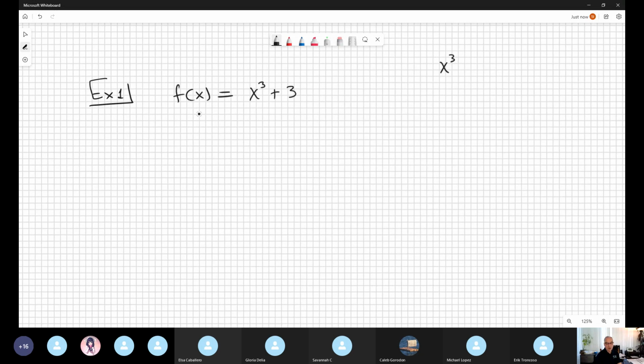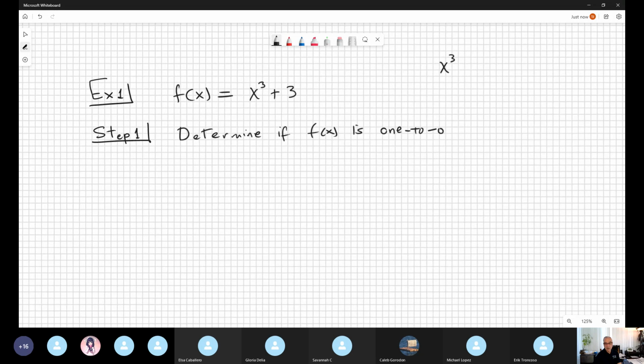The first thing you should do, step 1, is determine if f of x is one-to-one or not.